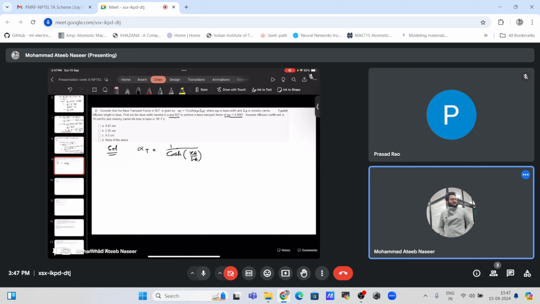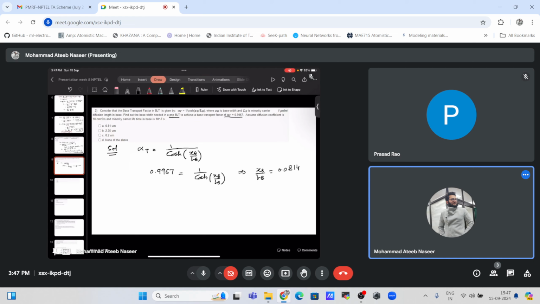From this, alpha t is 0.9967, equal to 1 by cosh of xb by lb, or simply it will be cosh inverse of this thing. This will be xb by lb. Let me solve for this, and it is simply coming out to be equal to 0.0814.